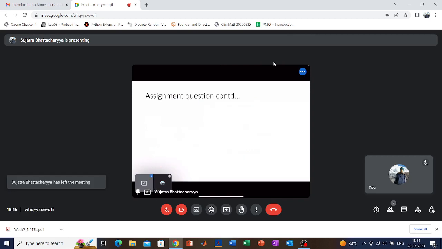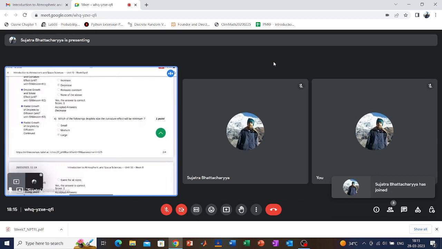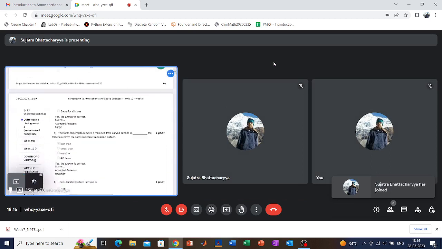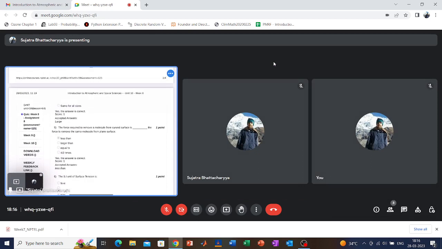Fine. Now the next question is: the force required to remove a molecule from a curved surface is dash the force to remove the same molecule from a plane surface. The answer is that the force required to remove a molecule from a curved surface is less.